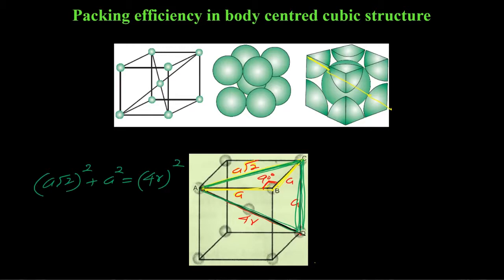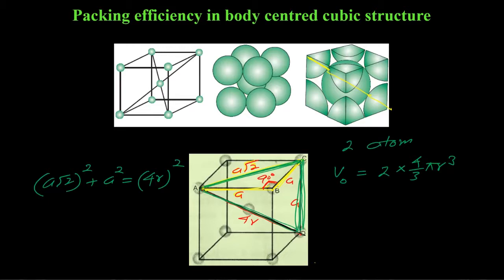In body-centered, there are two atoms in total. So the occupied volume will be 2 into 4 by 3 pi r cube. We already know the occupied volume in terms of r, but the cube volume will be A cube. So we need to calculate A in terms of r so that r and r can get cancelled.